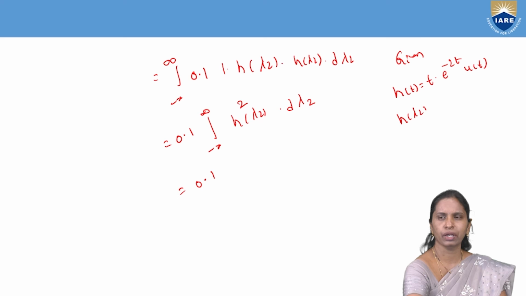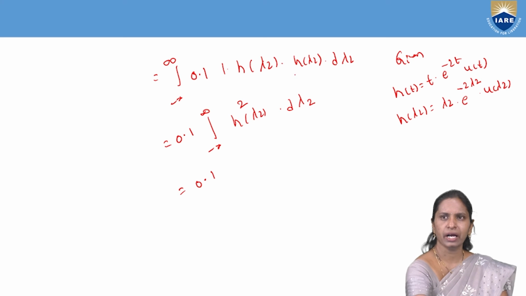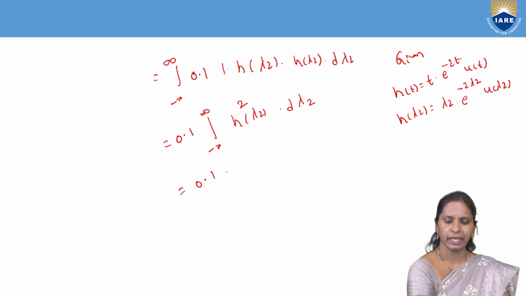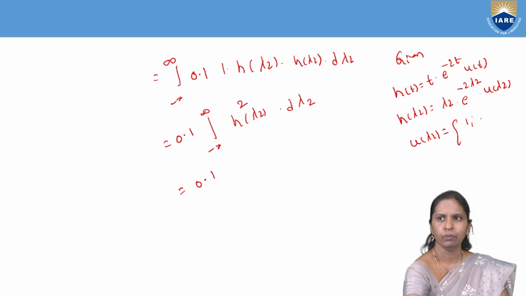Then what is h of lambda 2? Lambda 2 into e power minus 2 lambda 2 u of lambda 2. You can also replace lambda 2 by lambda 1. Then what is u of lambda 2? It is defined as 1 when lambda 2 is greater than or equal to 0, and 0 when lambda 2 is less than 0.